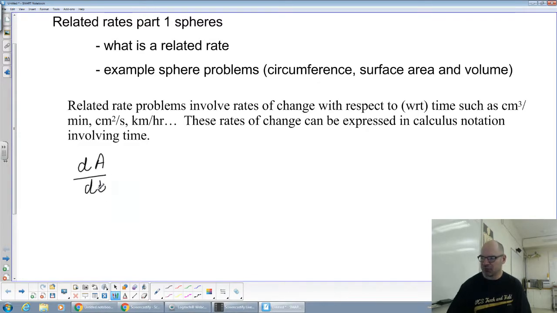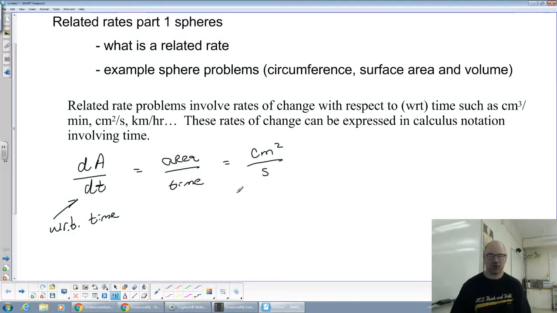These are all going to be with respect to time. And this would be area over time. And the unit for that would be something like centimeters squared per second, or centimeters squared per minute, or whatever, depending on what you have in the question.